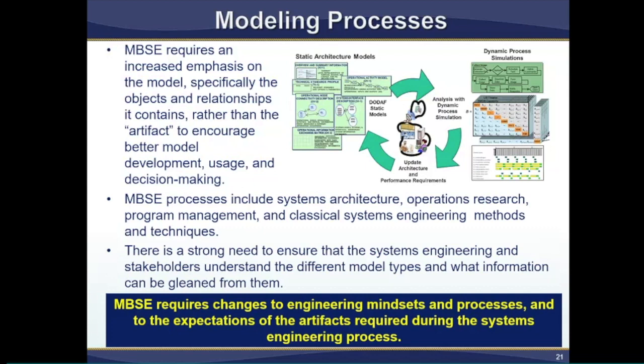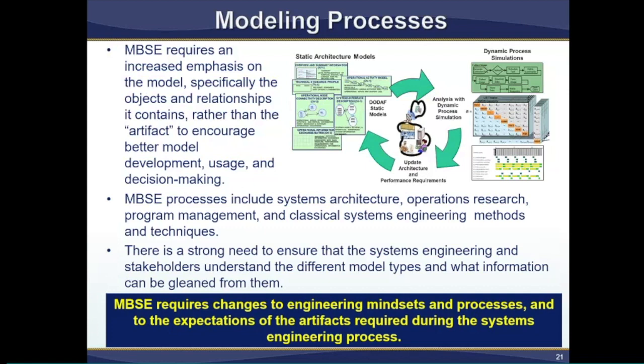But really our focus should be on the model. Again, we should be able to include other disciplines in model-based system engineering, to include system architecture, operations research, program management, and other classical system engineering.